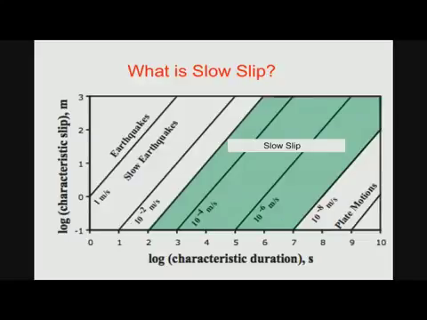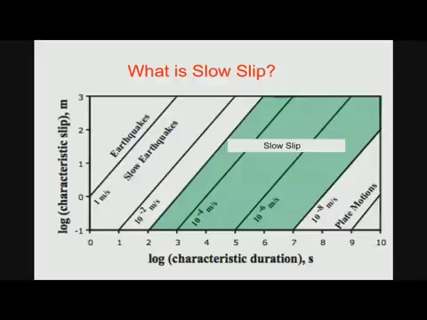Earthquakes happen at, as you said, about 1 meter per second. Plate rate is about 8 to 9 orders of magnitude less, at centimeters a year, and slow slip is kind of in this range. A huge range of many orders of magnitude, but too slow to radiate seismic energy, yet faster than plate rate.